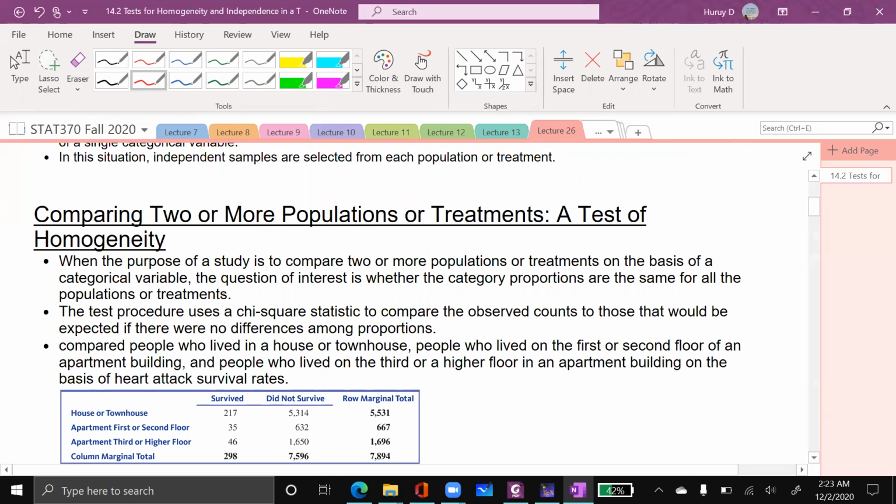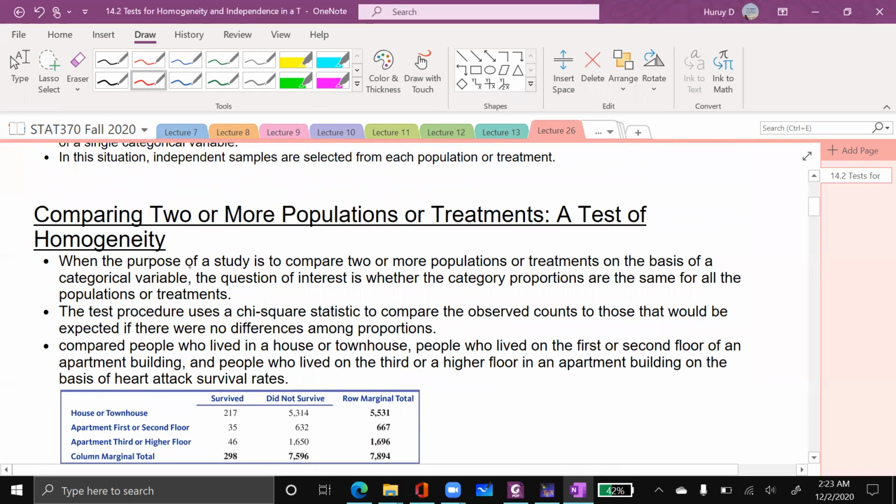It will be more clearer when we see this using an example. And in order to compare two or more populations or treatments, we use the chi-square test, which is exactly the same as what we saw last time. The formula is exactly the same. It doesn't change.